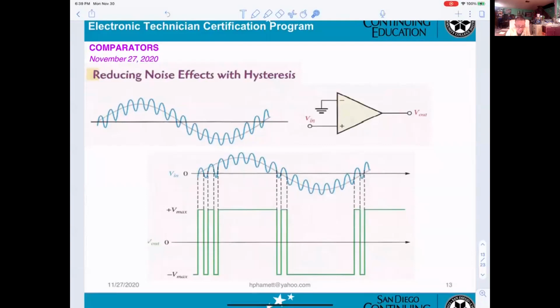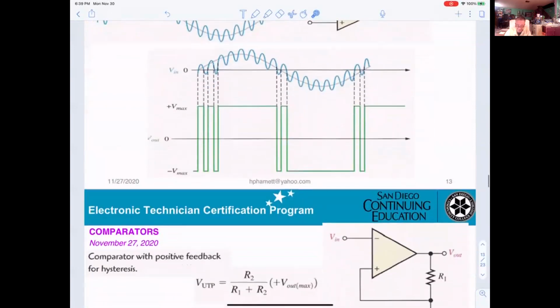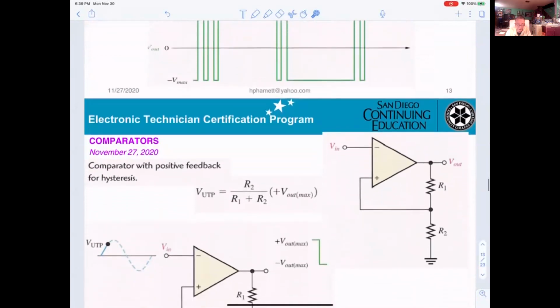Reducing noise effect with hysteresis. So this is the circuitry, this is the input here with the noise. And now they try to design the circuitry so they can get the output avoiding the noise. Let's see how it's working.